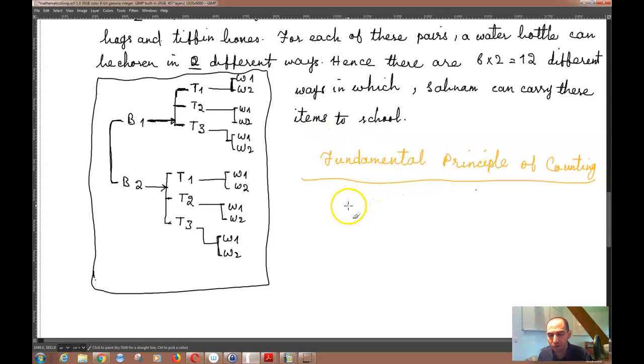They call it also the multiplication principle.